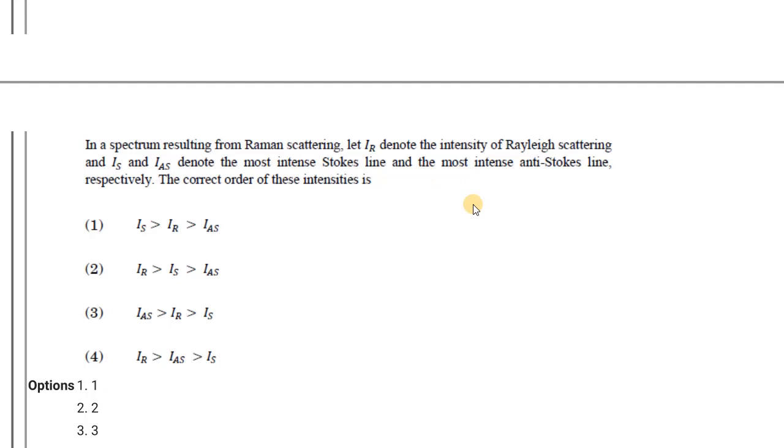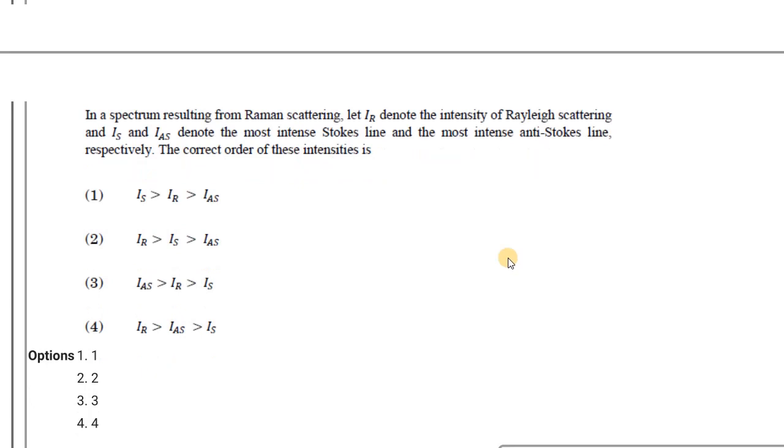That's why Raman scattering was discovered only in 1930, and we all knew Rayleigh scattering. So Rayleigh is the common one, the same frequency line is Rayleigh, and where the frequency differs, that is Stokes and anti-Stokes Raman. So Rayleigh scattering is more intense than Raman scattering, so there is no problem in that.